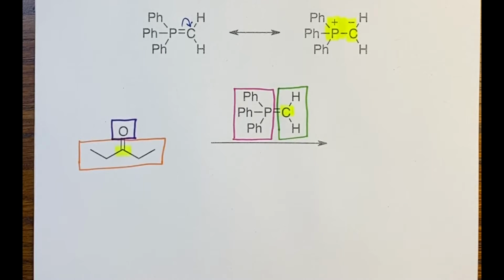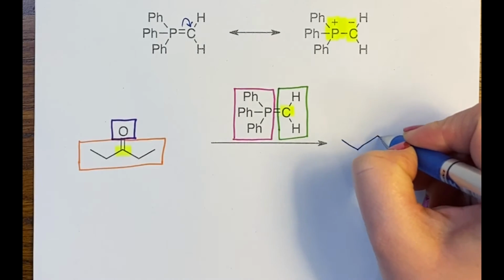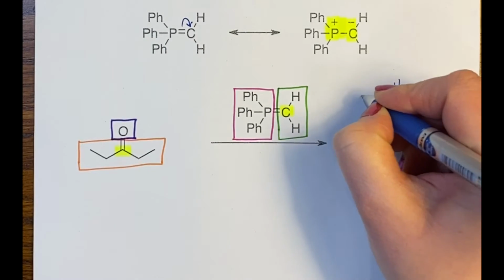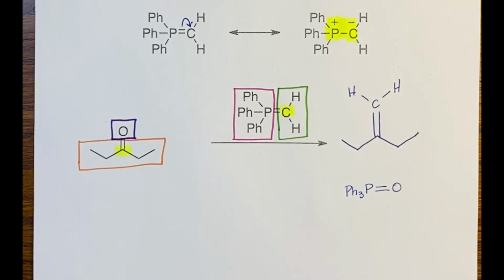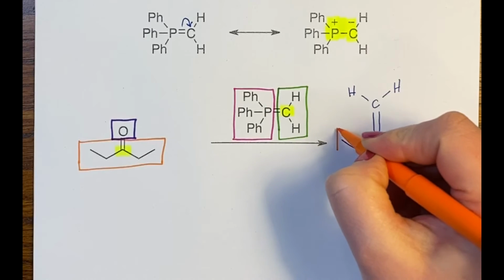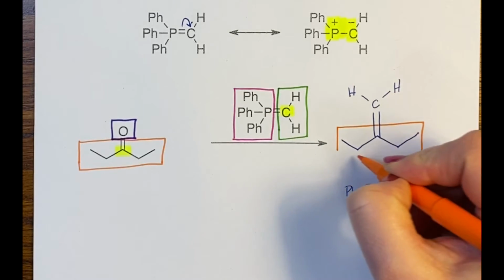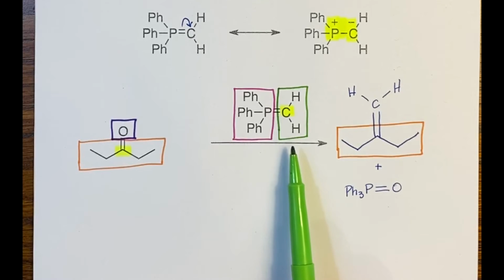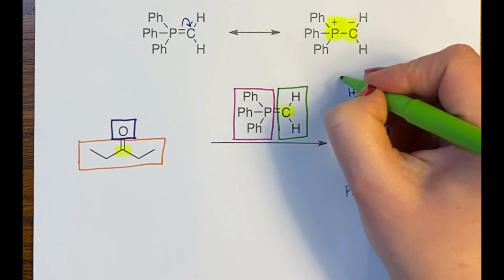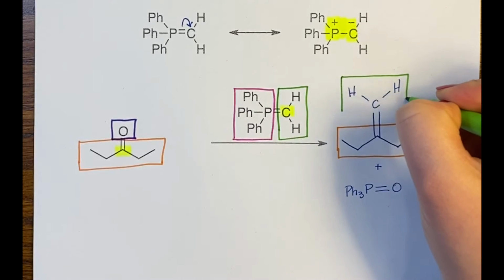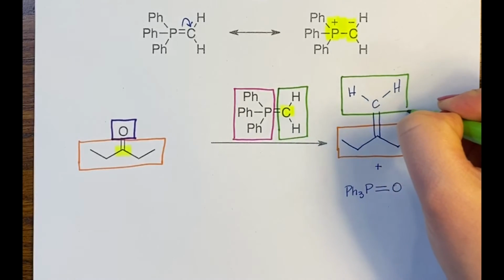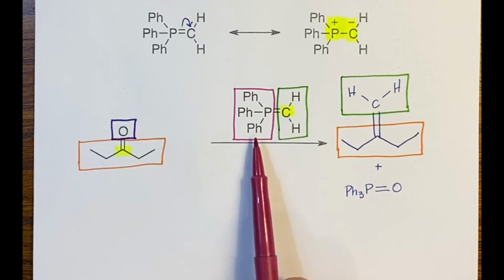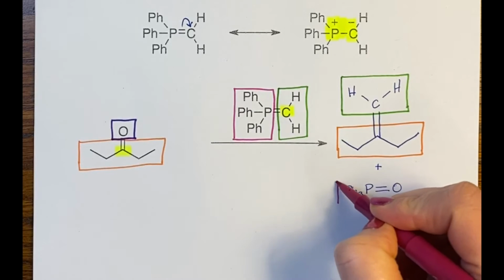So when I draw the structure of that product, it looks like this. The 5 carbons of my ketone are these 5 carbons right here. The 1 carbon from my Wittig reagent is going to be this carbon right here. My phosphorus with my 3 phenyl rings is right here.